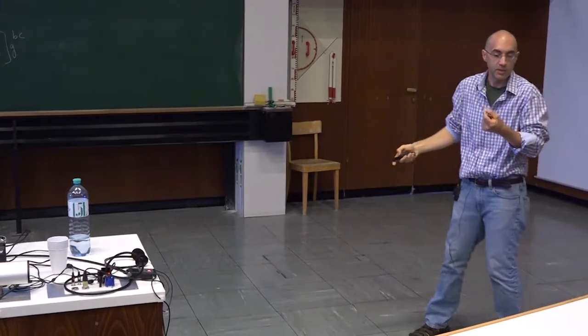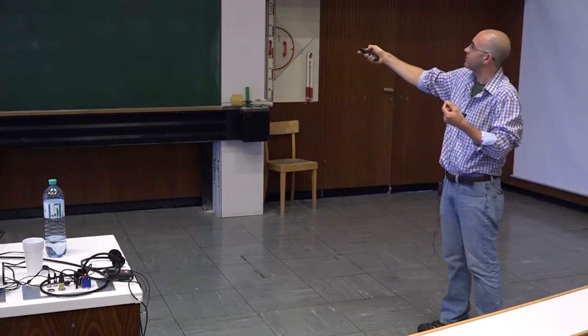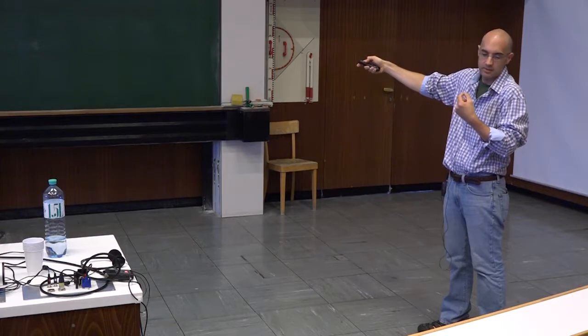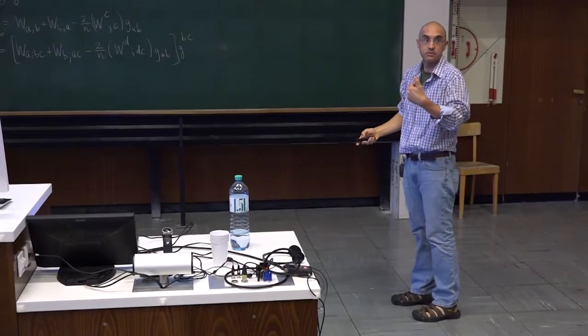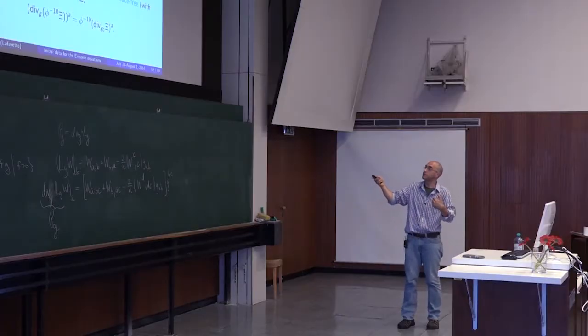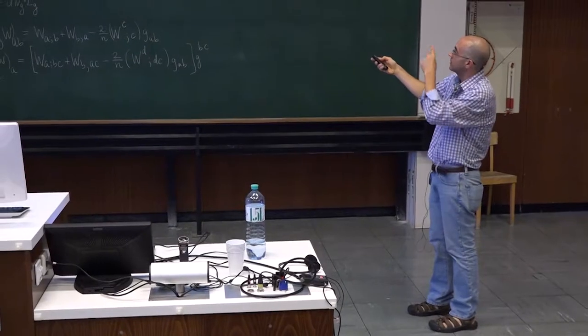That's for symmetric trace-free tensors. So if xi is transverse traceless, its divergence is 0, then phi to the minus 10 xi is also transverse traceless. Make sense? So, keep that in mind.